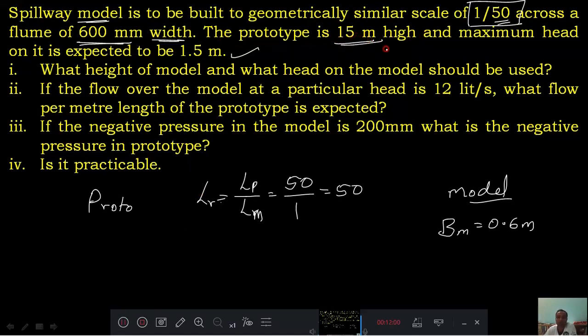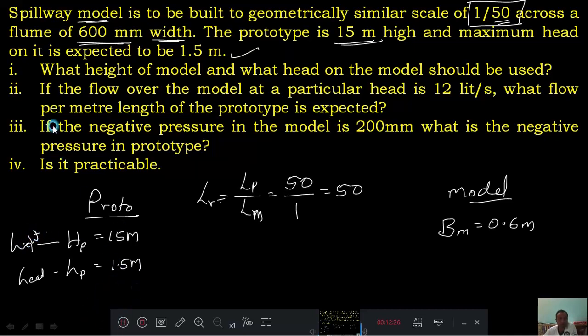The prototype height is 15 meter, means it is Hp. Height of the prototype is 15 meter. And head on it is expected to be 1.5, means here head I will consider small h. hp is equal to 1.5 meter. Be careful, this is a head, this is a height.